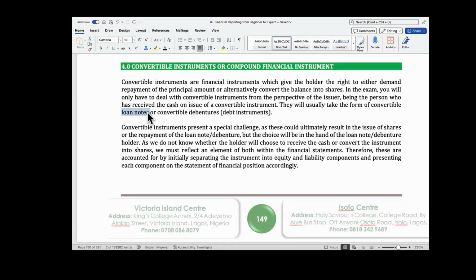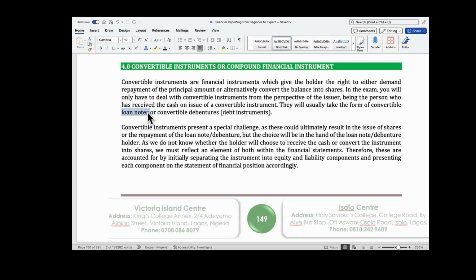The nature of convertible debt is that you're telling the person that wants to lend you money that at maturity, I'm giving you the option to convert your money to shares. That is, instead of collecting back your principal, why not convert it to shares? That's a convertible debt.